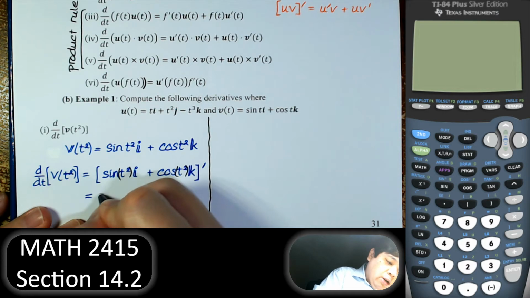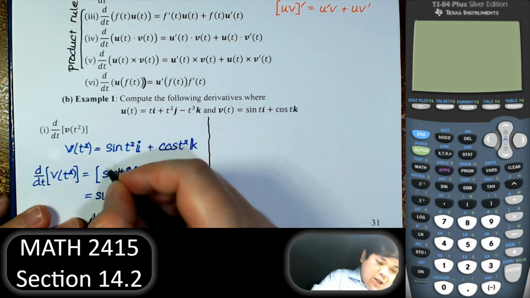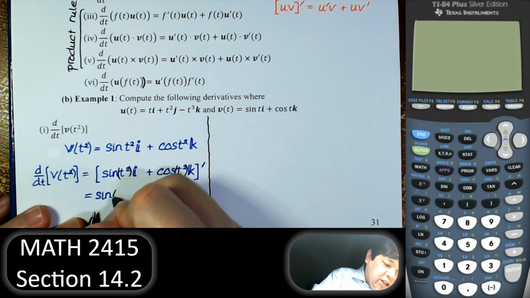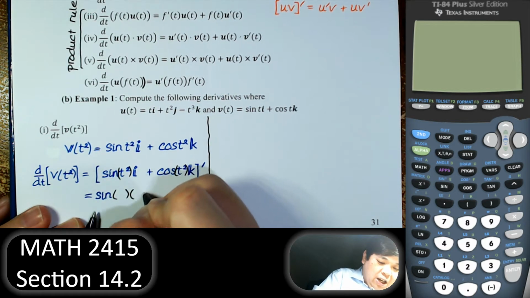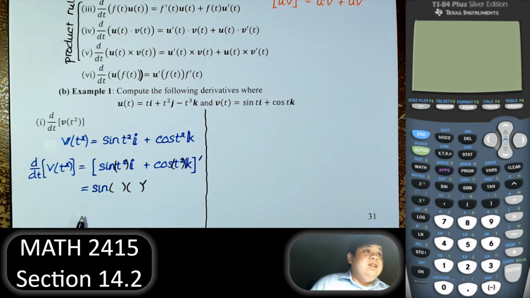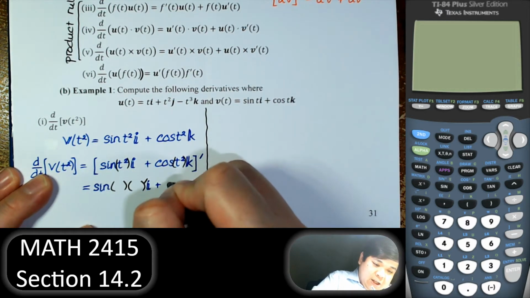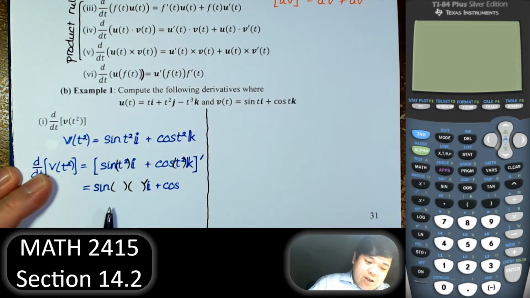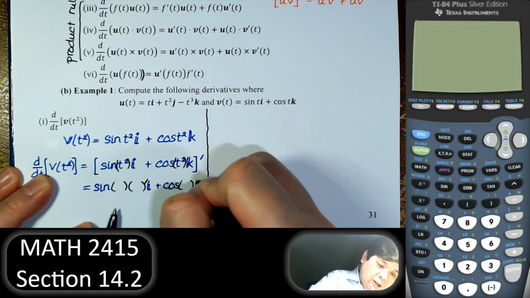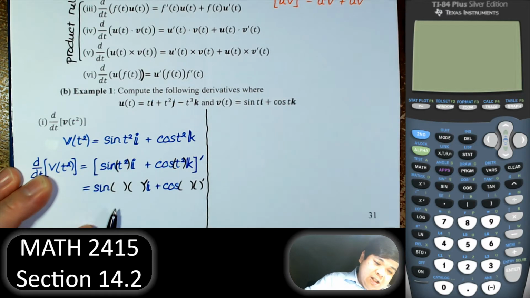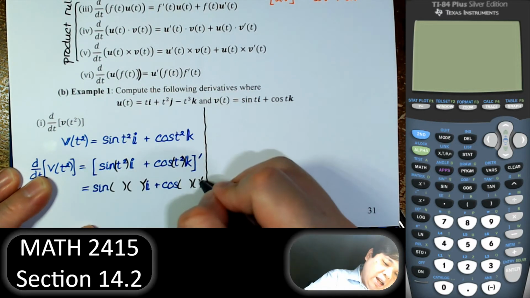So sine of t squared, doesn't matter, sine of whatever, we have sine of that and the time derivative of it. So that is the chain rule. Then same thing, cosine of something and the derivative of that times k.